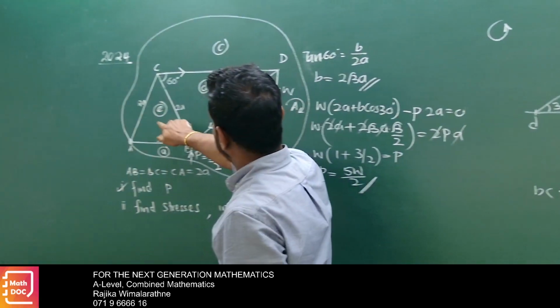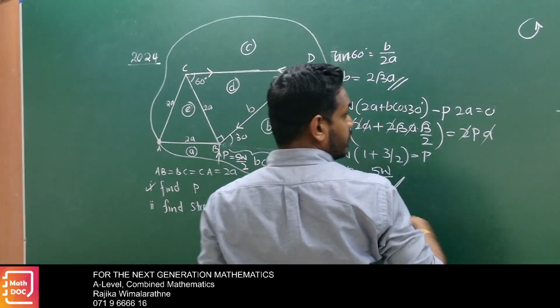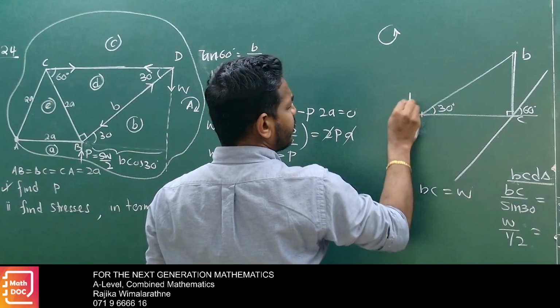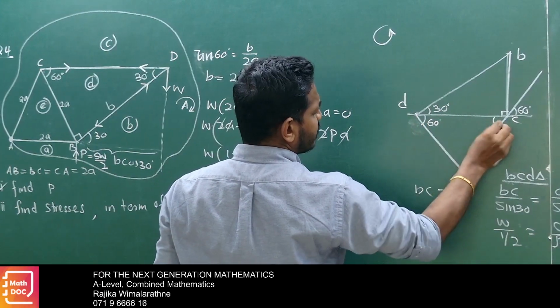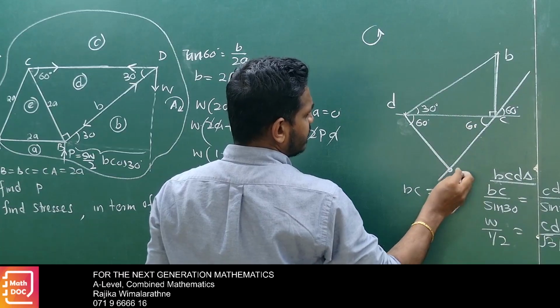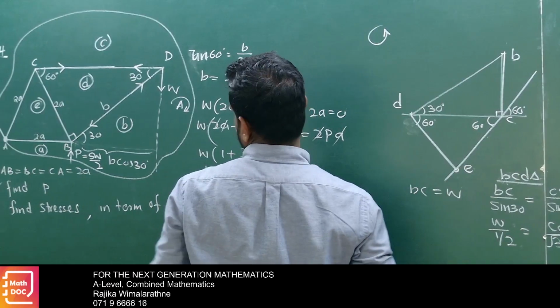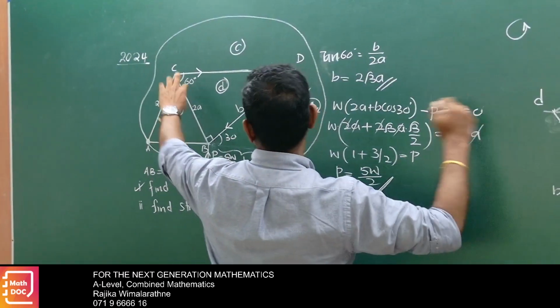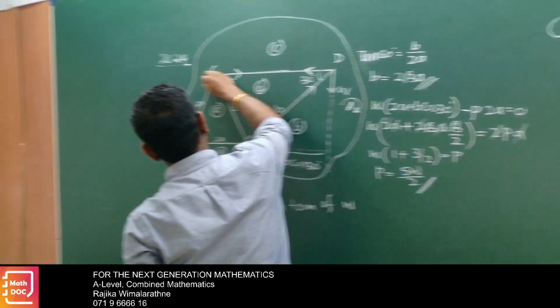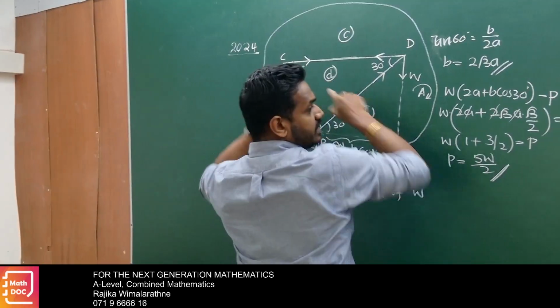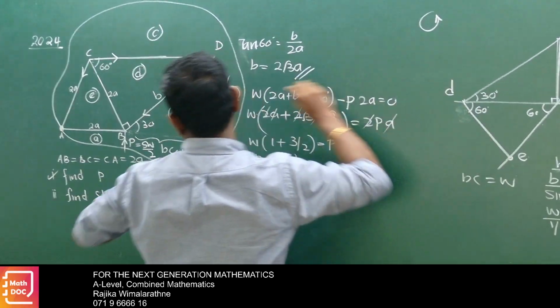Then ED again at 60 to the horizontal. ED, D is here, at 60 to the horizontal. Then here this will be E. At the same time you mark forces here, CE this way, ED this way.